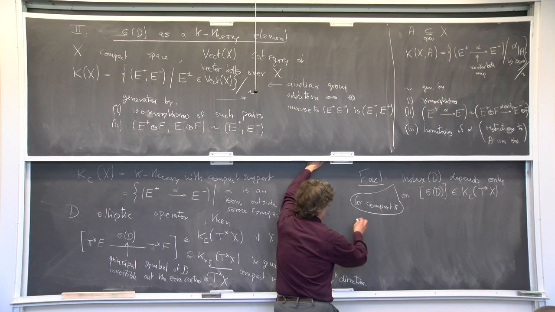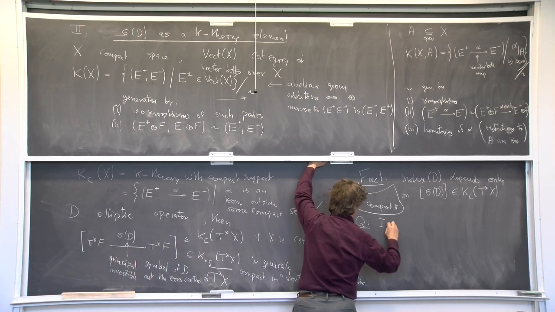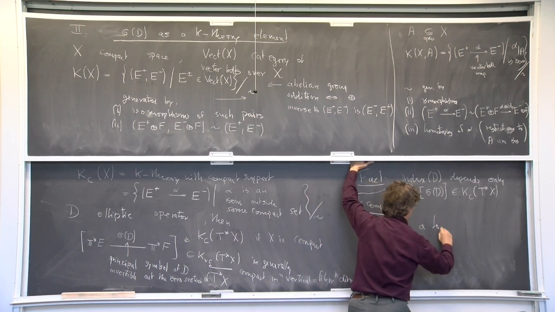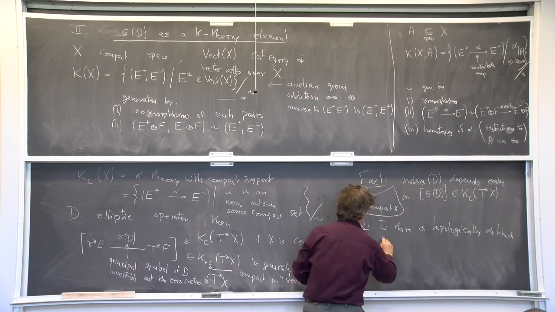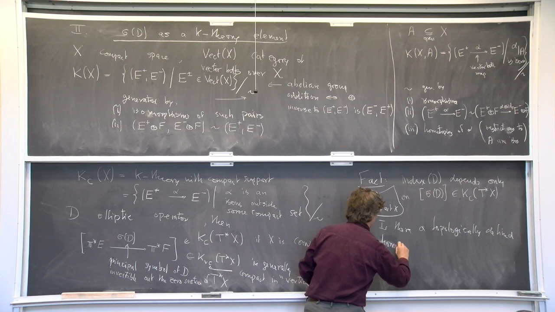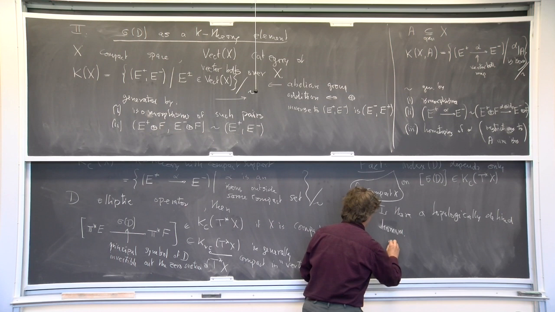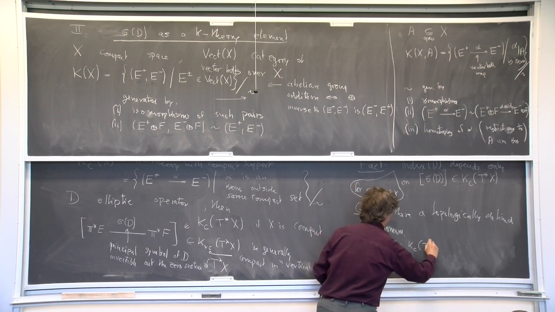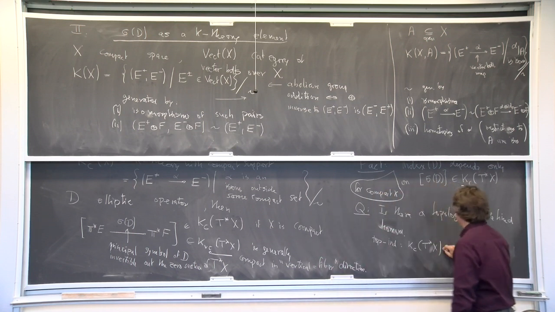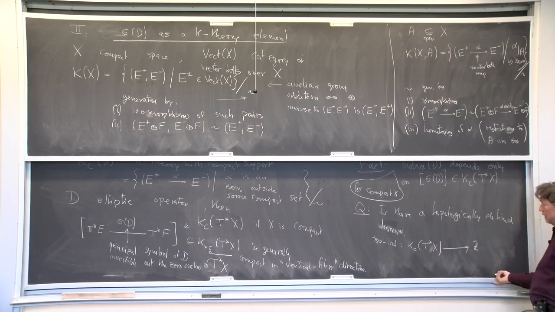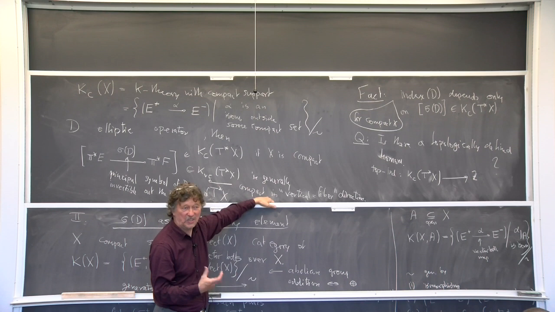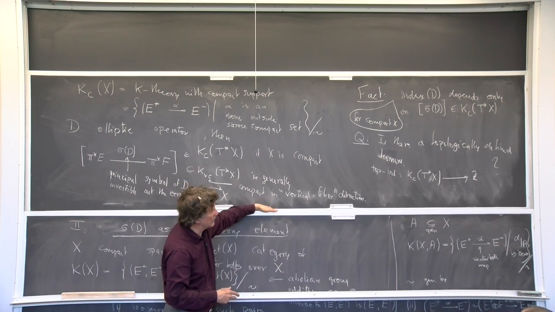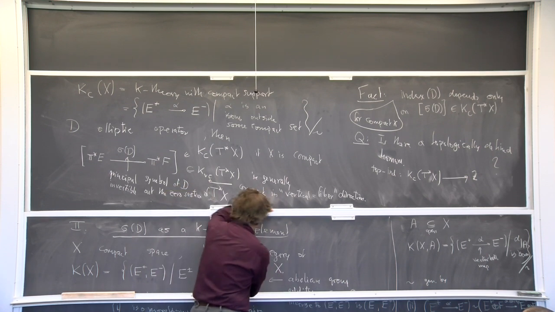So then the obvious question is, is there a topologically defined map, homomorphism, which will be called the topological index, from that K-theory group with compact support of the cotangent bundle of X into Z. And then the hope would be, well, if there's a canonical thing that we can construct using topological means, then we should hopefully prove at the end of the day that it agrees with the index. So that's sort of the goal.